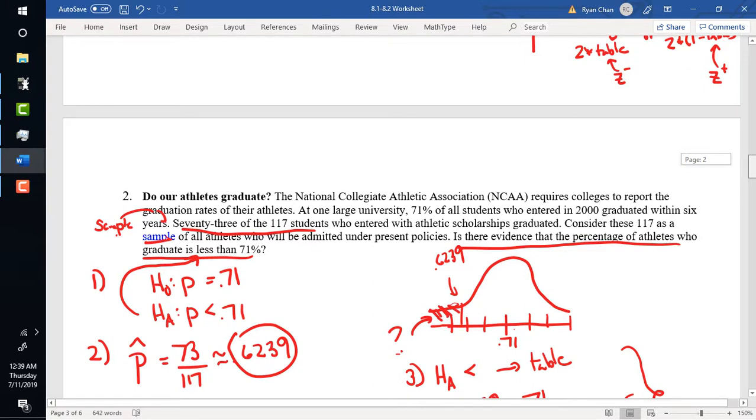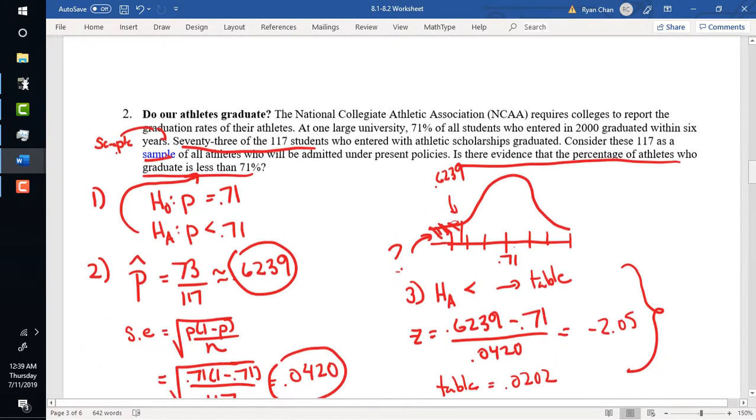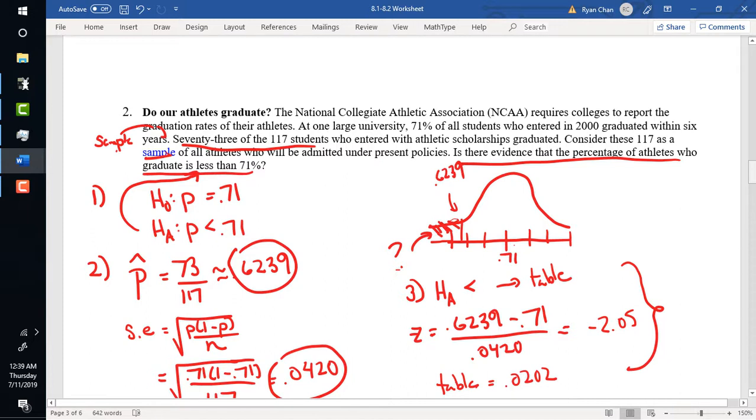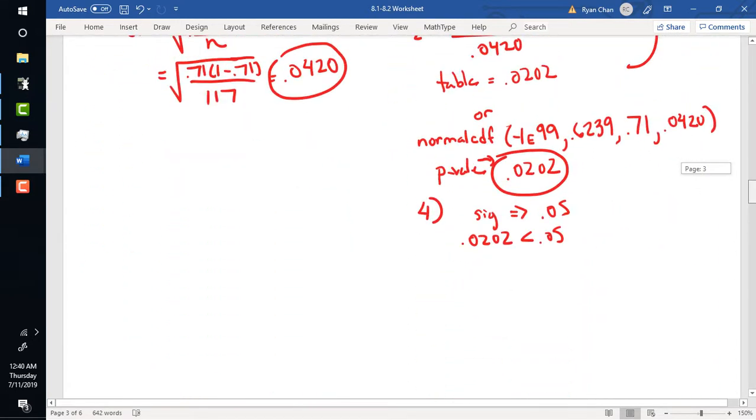So the idea is, someone initially makes a claim that 71% of all students graduated within 6 years. We did our results, and there's a 2.02% chance of that happening. So that seems very unlikely. That's less than 5%, so we say we reject null.